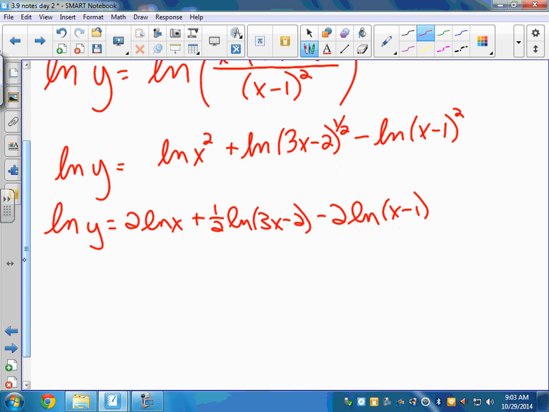So now I'm going to take the derivative of this, and just like before, the derivative of ln of y is 1 over y dy over dx. And these all have constants in the front, but remember you can just leave them there, however you want to show the work here. The 2, you can just leave it there, and the derivative of ln of x is 1 over x.